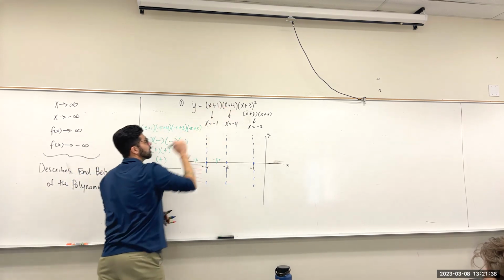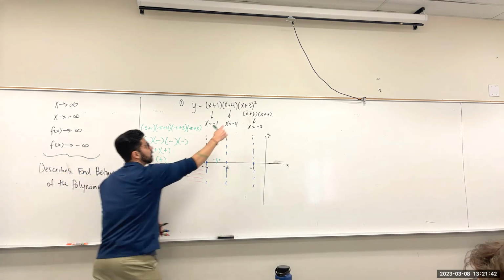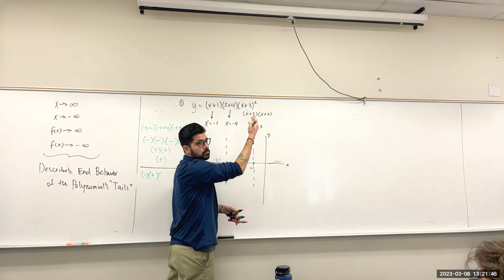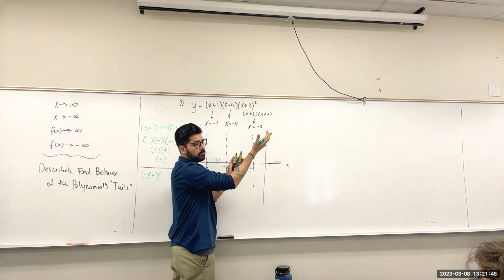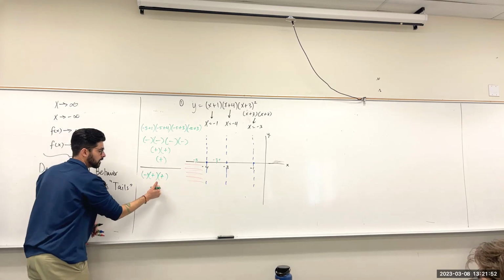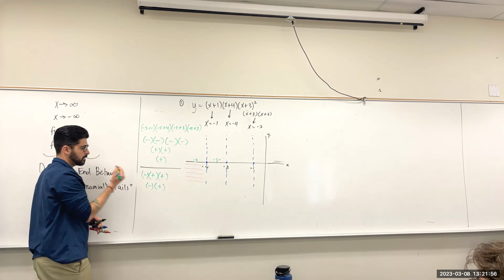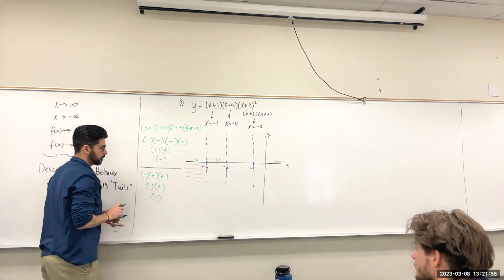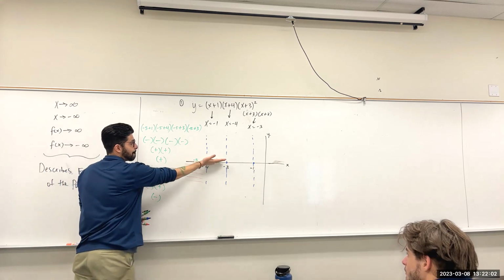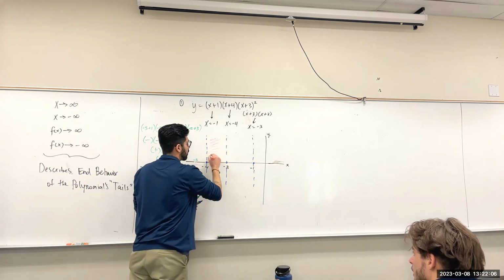Here you'll get a positive because 4 is bigger. And then here, no matter what you plug in, you're going to square it, so it's always going to be positive. So now you have two positives multiplying each other times a negative, opposite signs, negative. So that tells you that the y values have to be below the x-axis. So you do not want the graph to be up here.